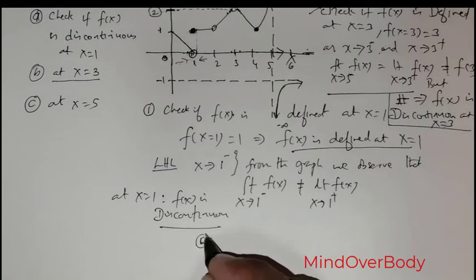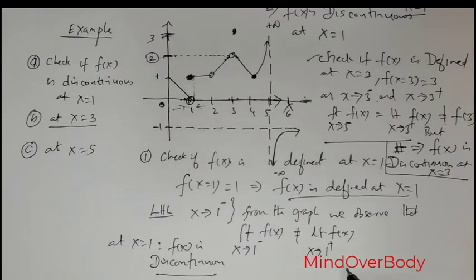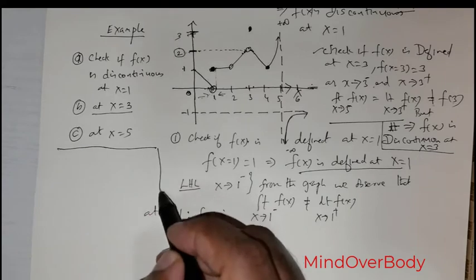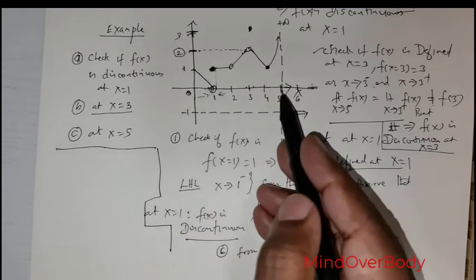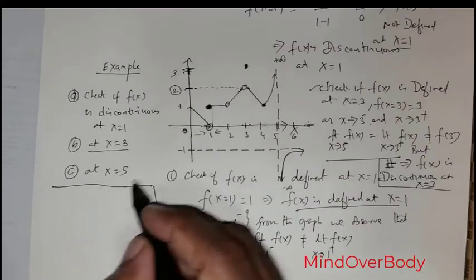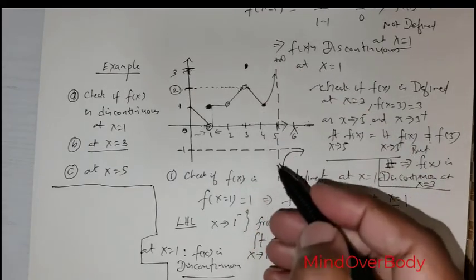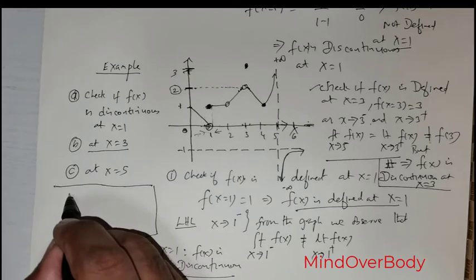So see from the graph, let me use this space so that you can have a look at the graph. From the graph, the function is not defined, right? At x is equal to 5, the function is undefined.